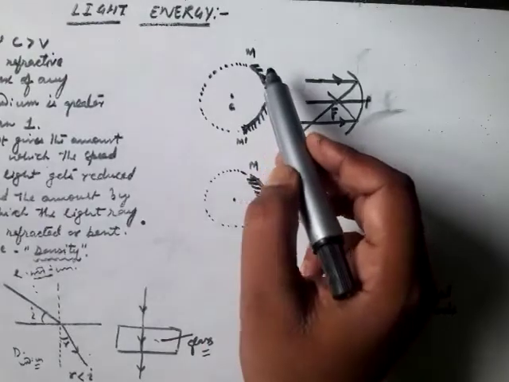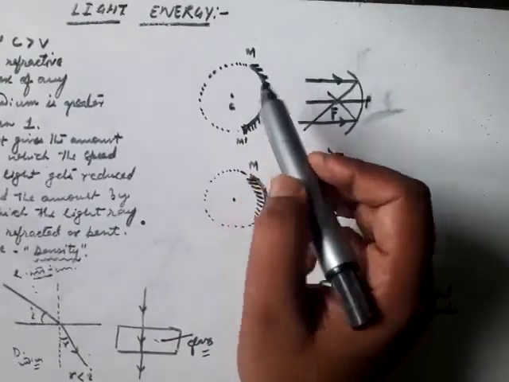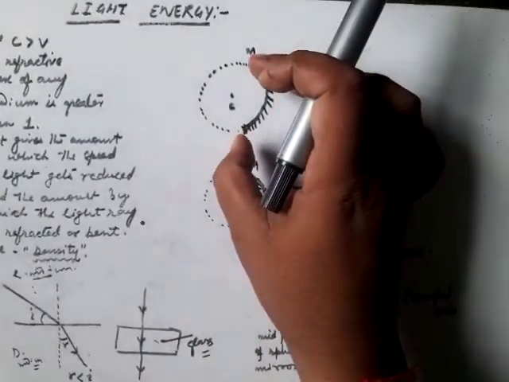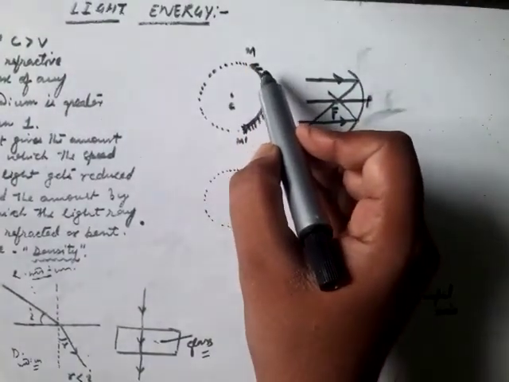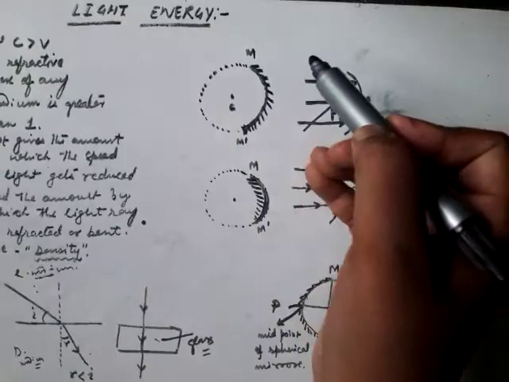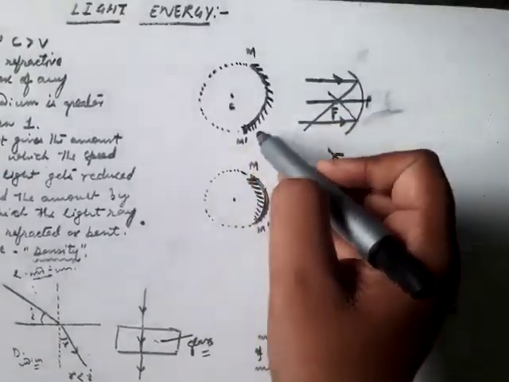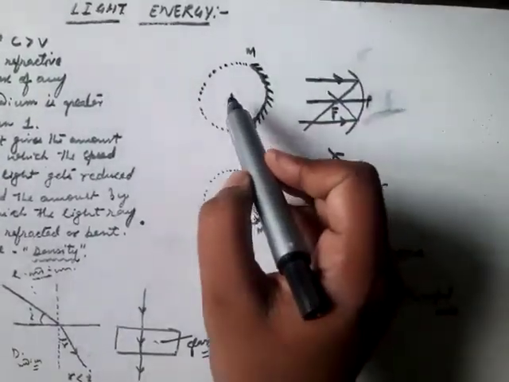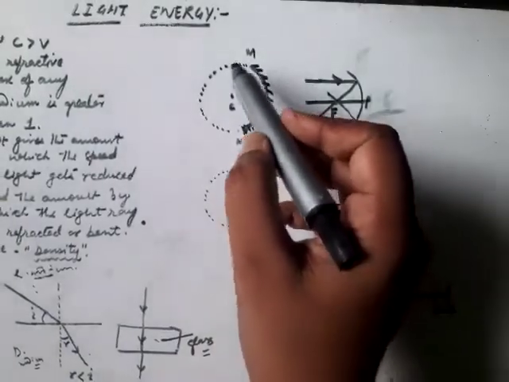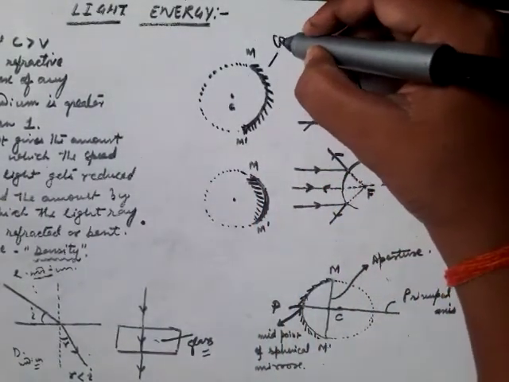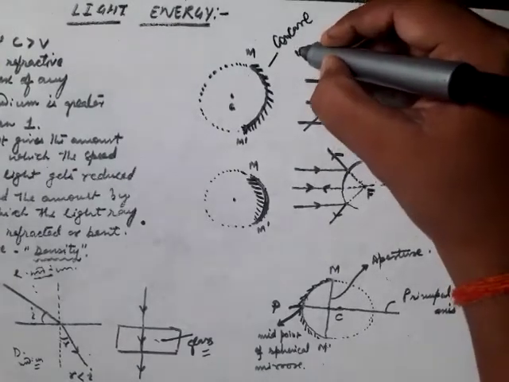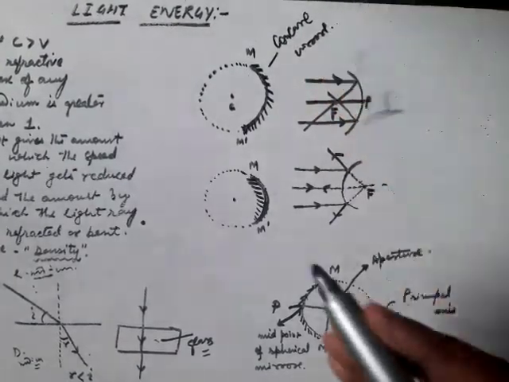In the case of a concave mirror, we take a part of a hollow sphere and paint it with silver nitrate, or there are many other compounds. If you paint it from the outside and the reflecting surface is inside, this type of mirror is called a concave mirror.